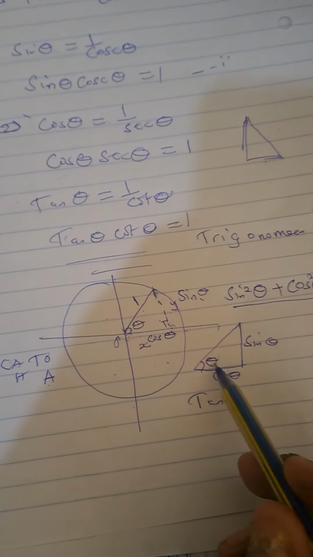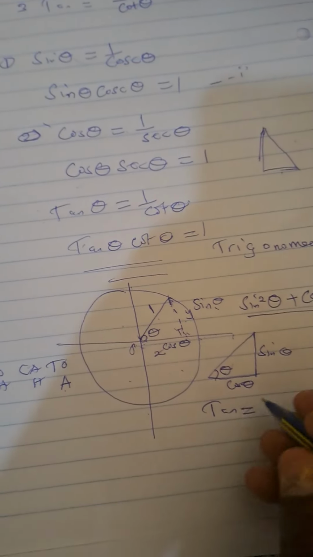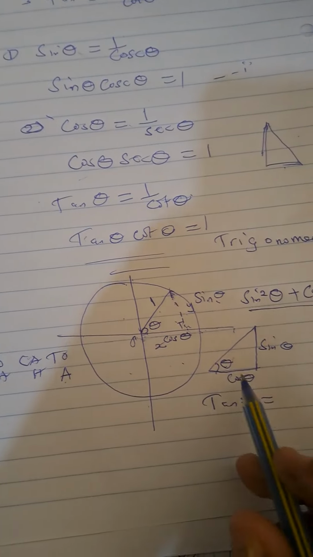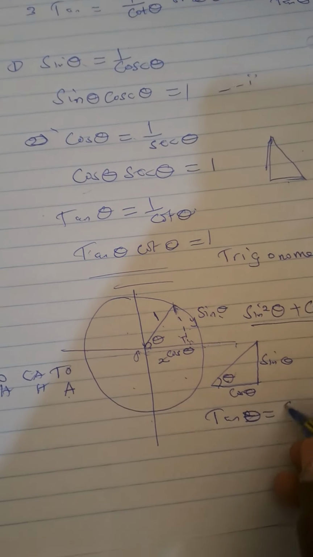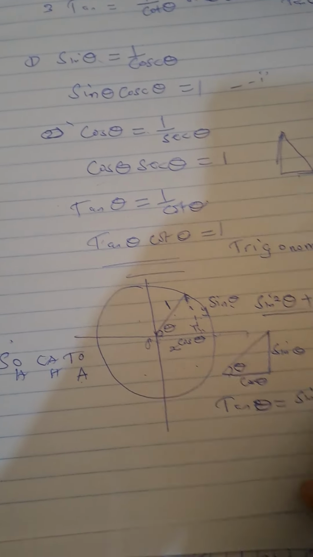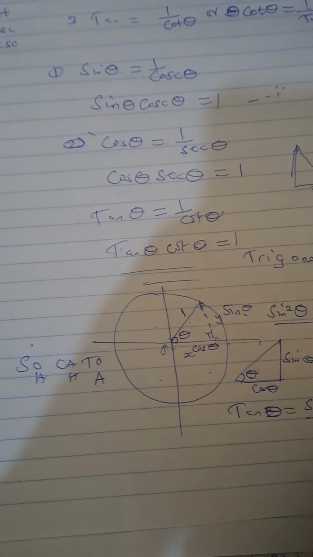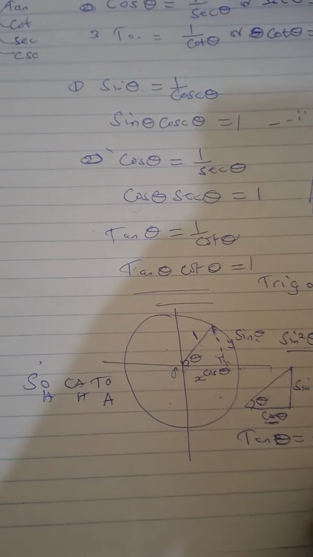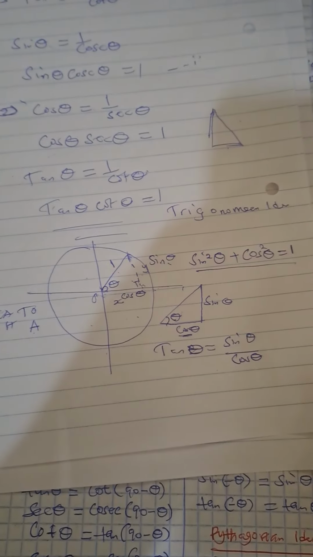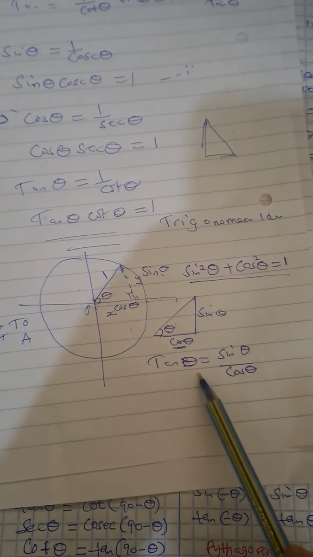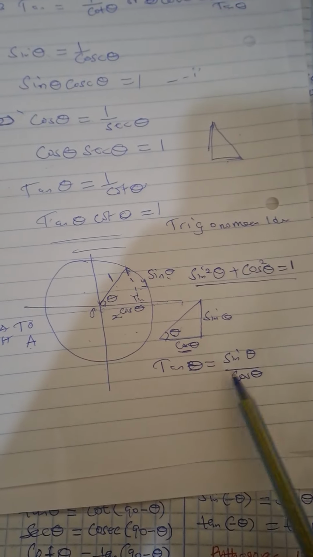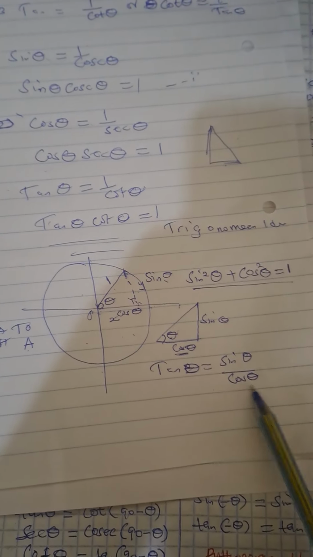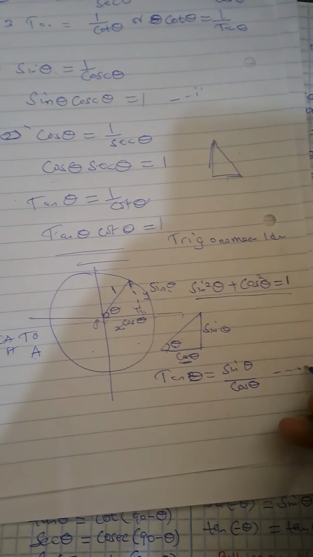The opposite of this angle here, that is tan theta, is equivalent to the opposite of this angle, which is sine theta, over the adjacent. The adjacent is now cos theta. So this implies that tan theta is also equivalent to sine theta over cos theta. Hope we are together. This is another identity.